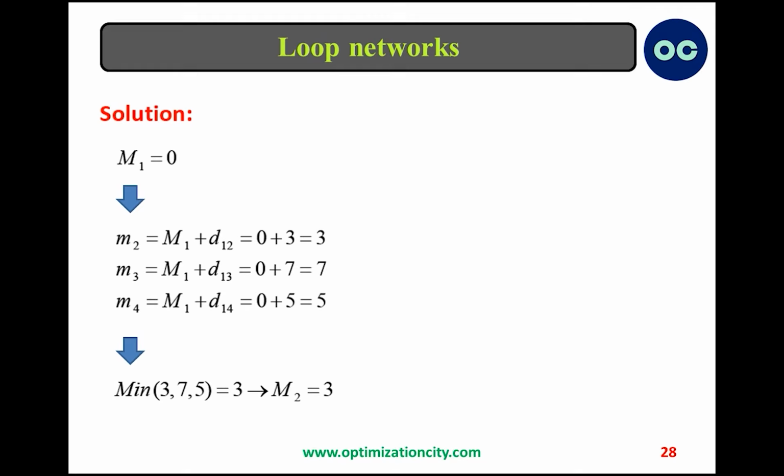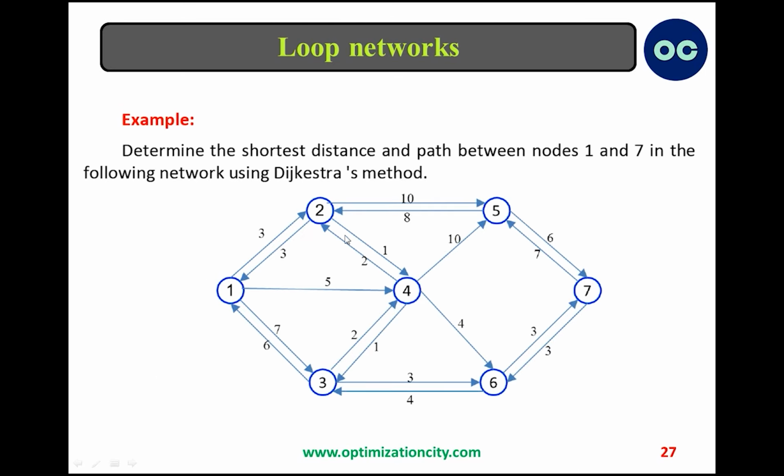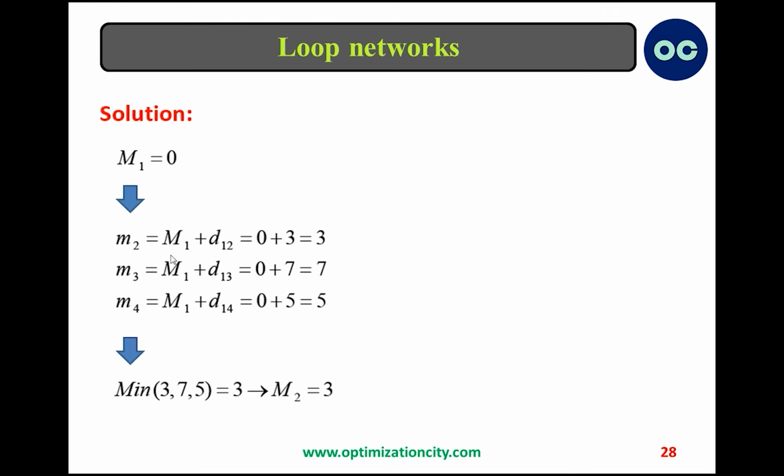Since node 1 has received the permanent code, we assign the temporary code to its adjacent nodes. Here, nodes 2, 4, and 3 are adjacent to node 1. So we assign temporary codes to these nodes: M2 is equal to 3, M3 equal to 7, M4 is equal to 5.